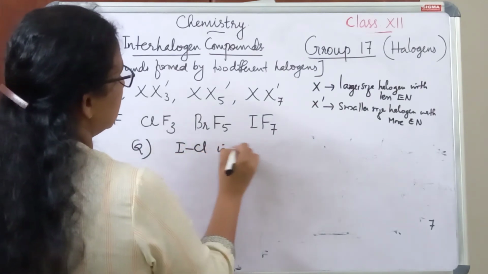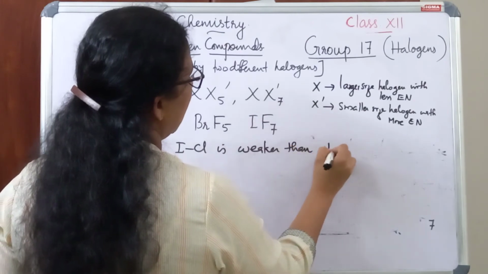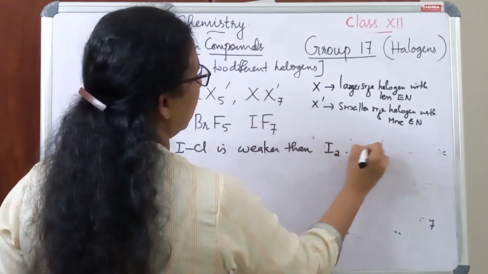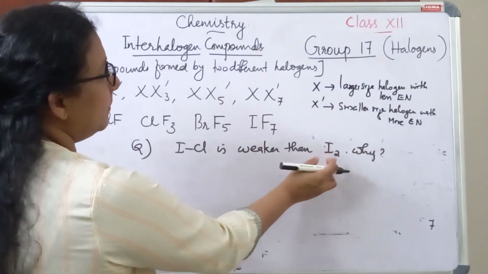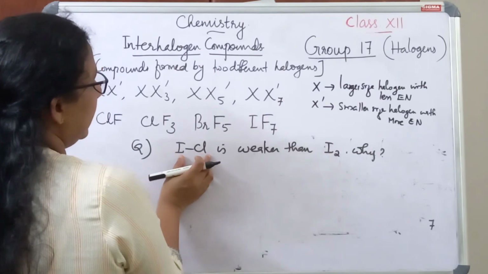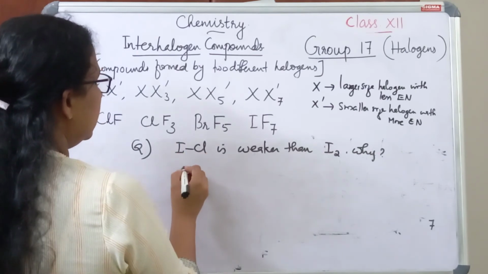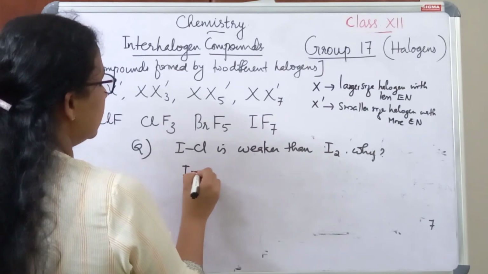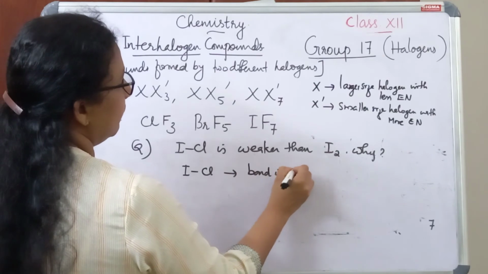ICl is weaker than I2. Why? So this I2 is formed by the same halogen, here different halogens. So this is an interhalogen compound. So in the case of interhalogen compound ICl, the bond is weaker.